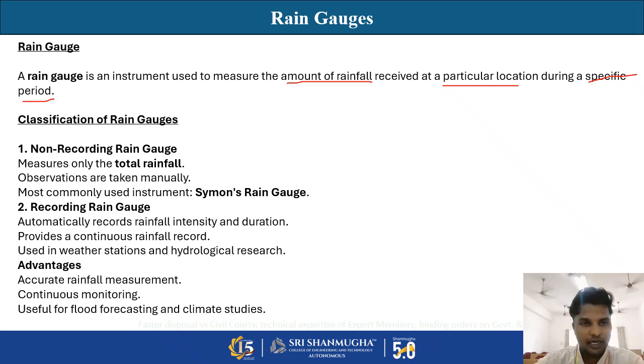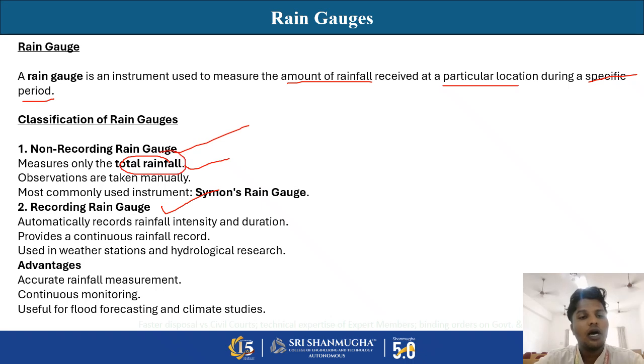Rain gauges are classified into non-recording and recording gauges, based on accurate rainfall measurement, continuous monitoring, and usefulness for flood forecasting and climate studies. The non-recording type measures only total rainfall, not rainfall intensity or duration.